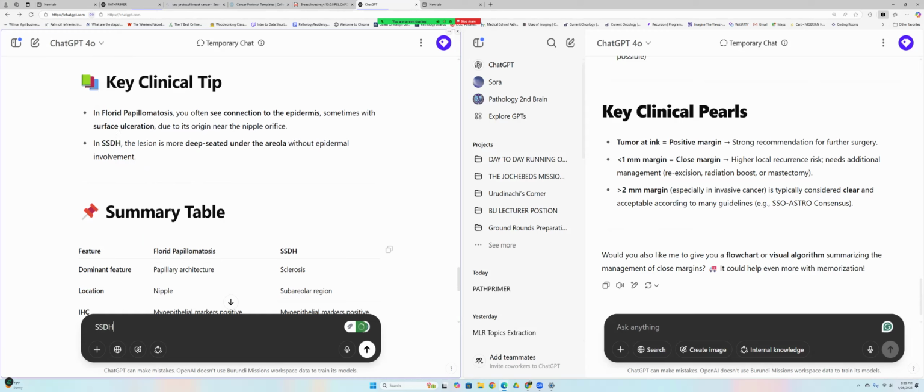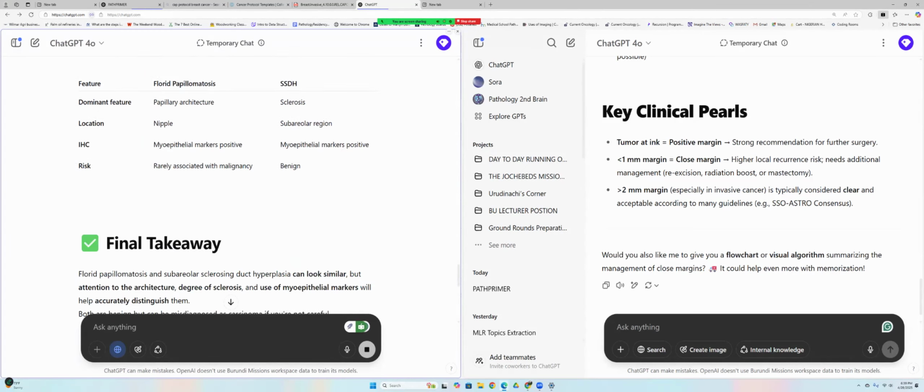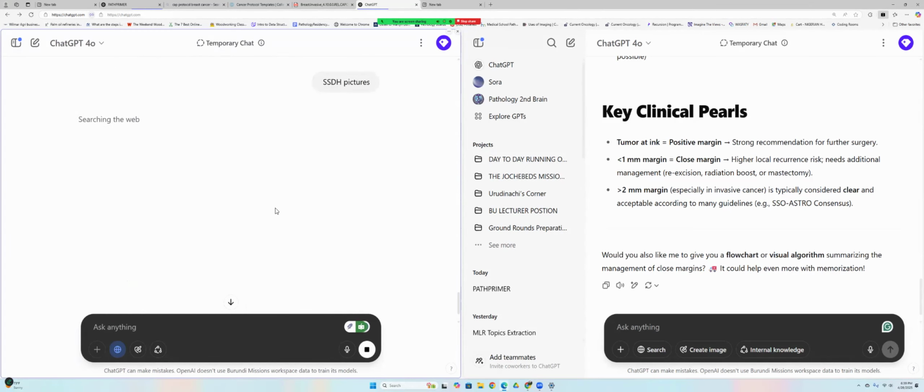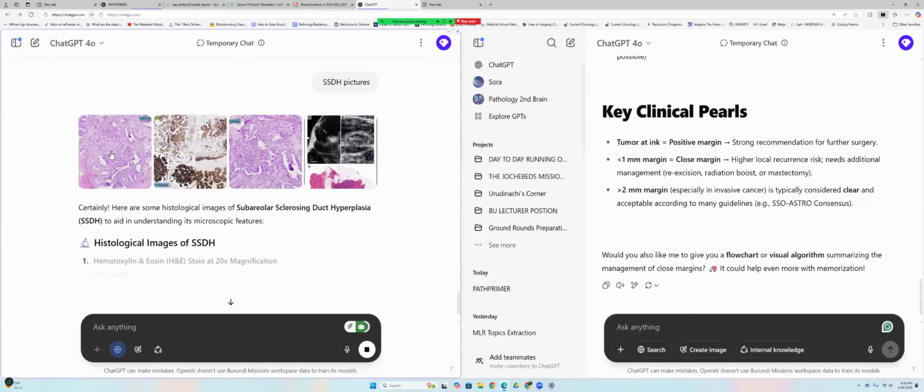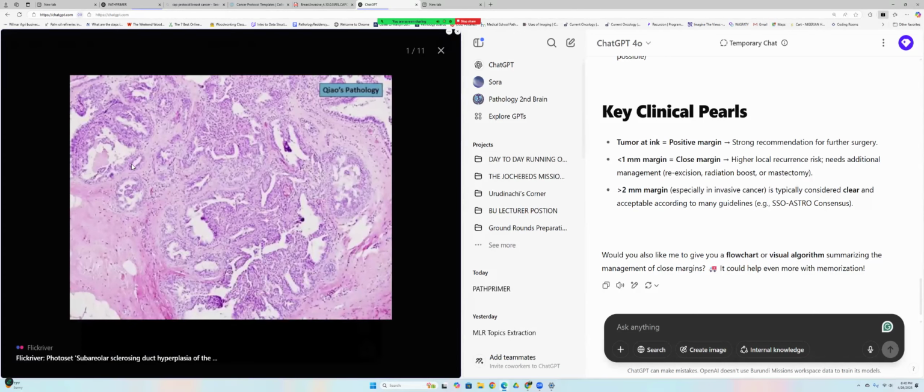Have you seen a picture of subareolar sclerosing duct hyperplasia before? Look at the picture here. It actually resembles nipple adenoma.